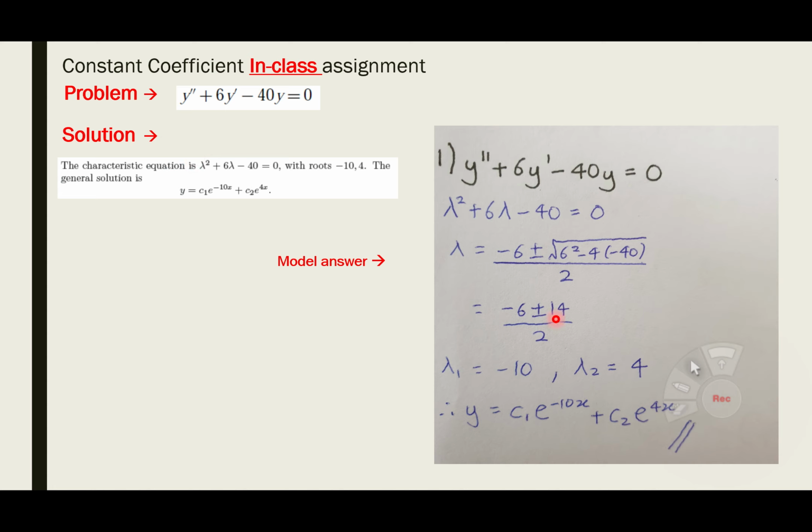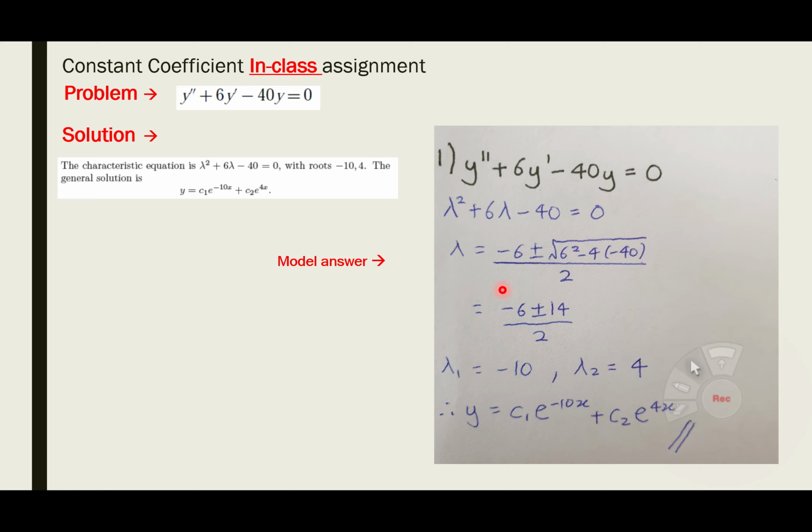The solution here is the model answer if you want it. Our characteristic equation can be drawn directly from the differential equation. We have 6 as A and minus 40 as B. So our characteristic equation is lambda squared plus 6 lambda minus 40 equal to 0. This quadratic equation can be solved using the law to find lambda.